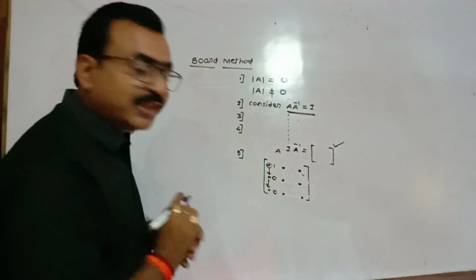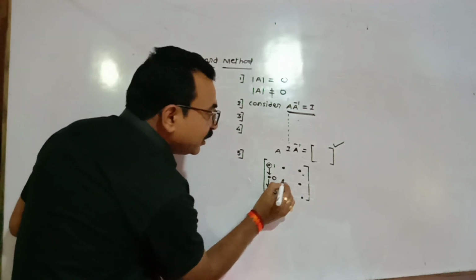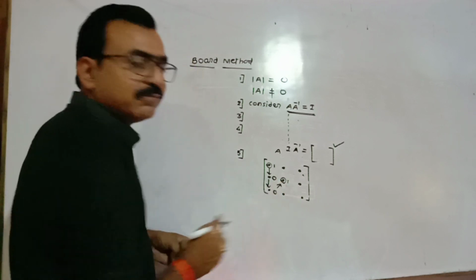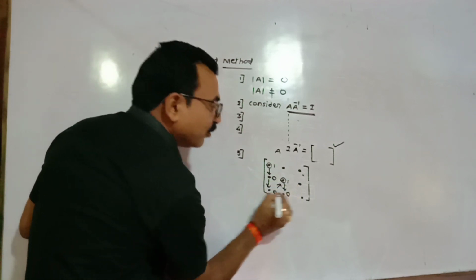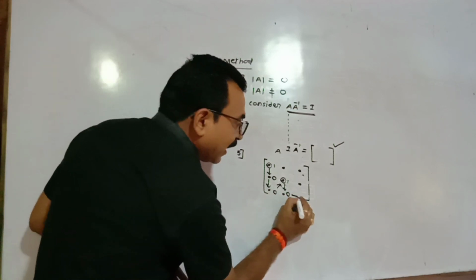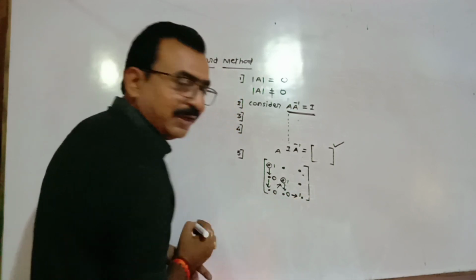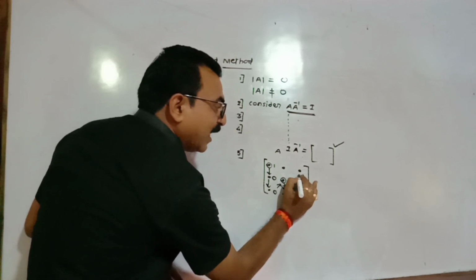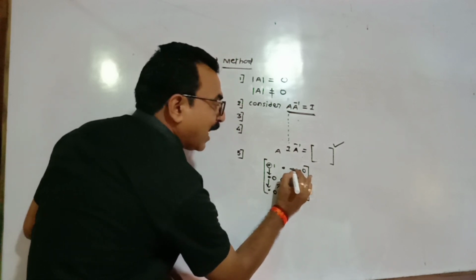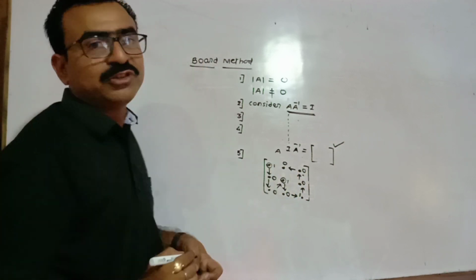Understood? Then convert this element into 1. Then convert this element into 0. Then convert this element into 1. Then convert this element into 0. Then convert this element into 0. And lastly, convert this element into 0.